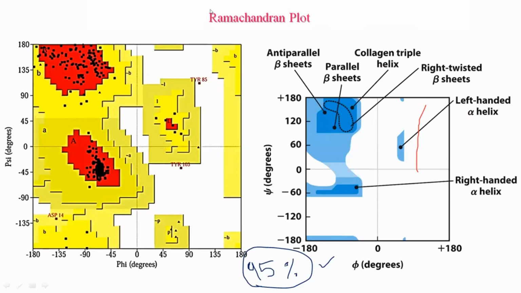Structures having more than 95% of residues in allowed regions, and generously allowed regions meaning red and yellow, are considered a good model. But we have to refine the remaining 5% of the residues. By model refinement methods, we can build a 100% good model.